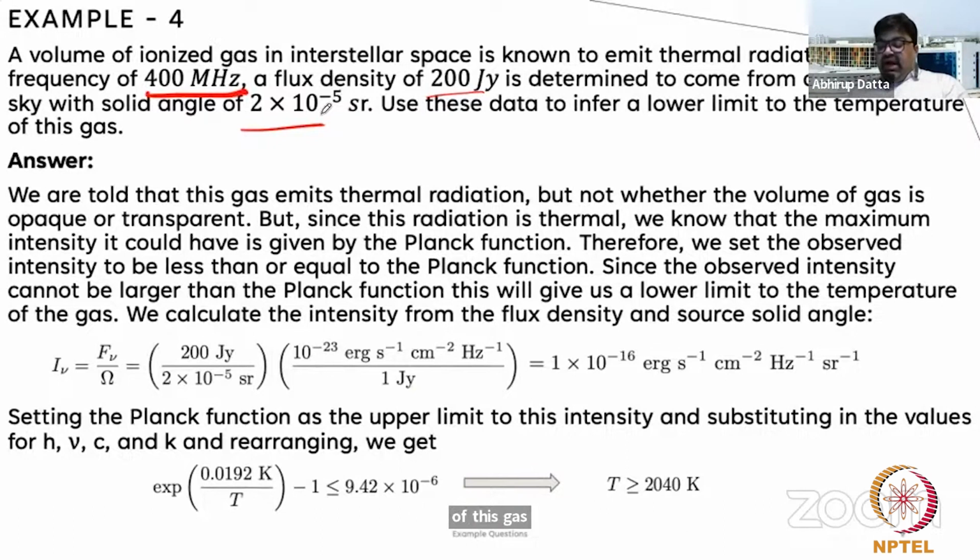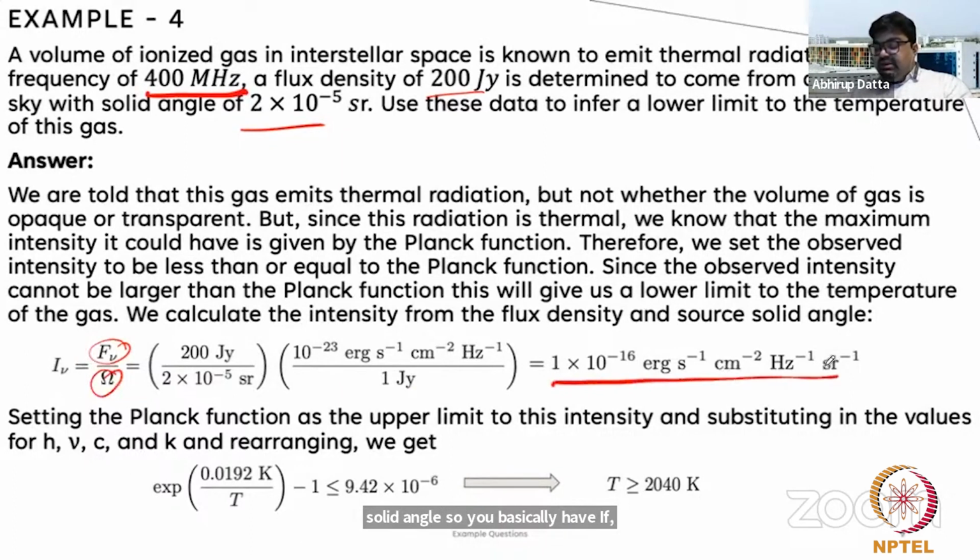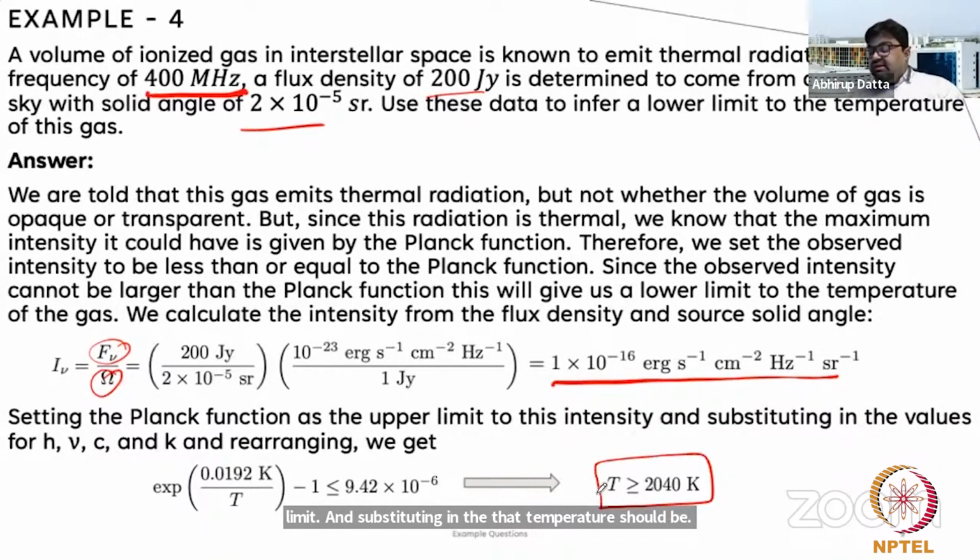Okay, so you have I nu: calculate the intensity from the flux density and solid angle. You basically have F and the solid angle, so derive I nu from there. Then, setting the Planck function as the upper limit to this intensity and substituting in the values, we finally get the temperature should be greater than or equal to 2040 Kelvin.